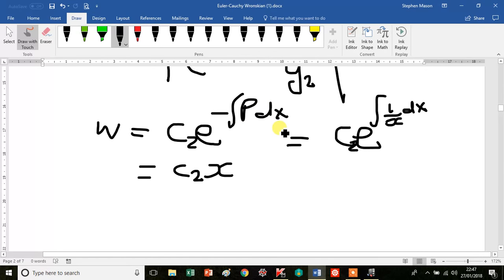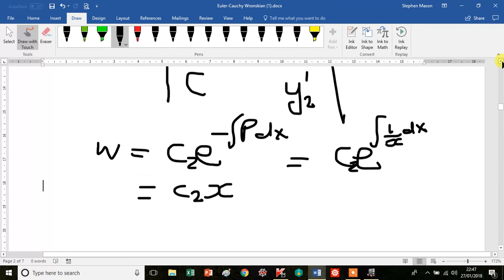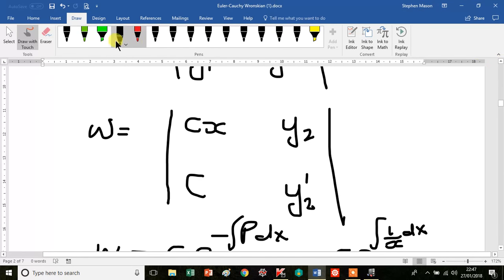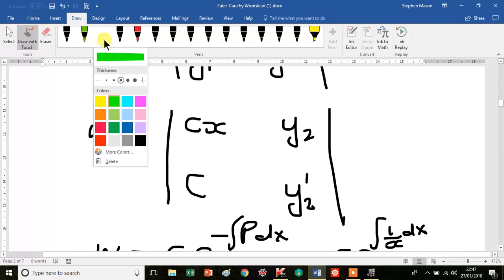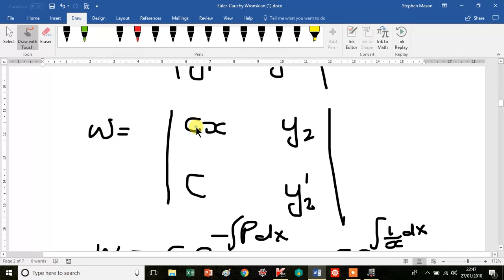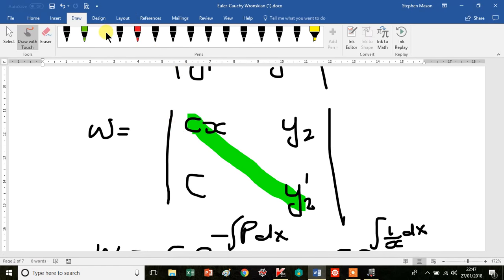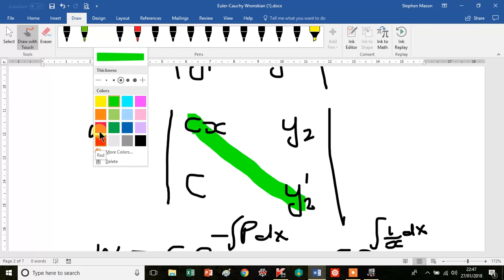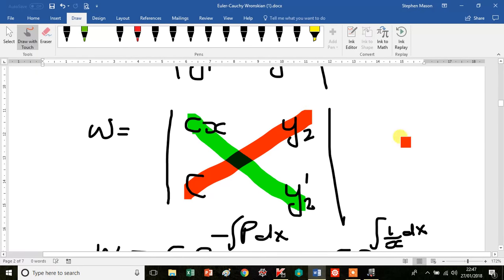So if we work out the Wronskian, well, how do we do that? So let's go to line green. Okay, so the determinant of the Wronskian is Cx times y2 prime minus C times y2.